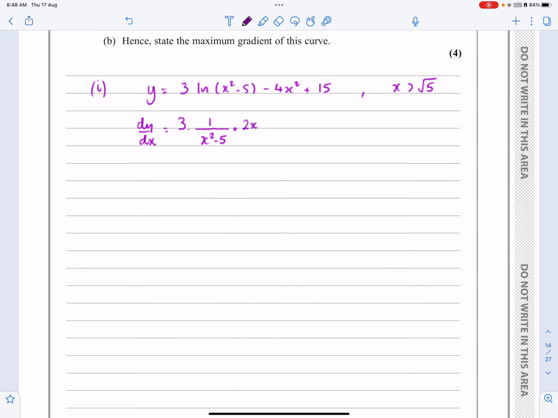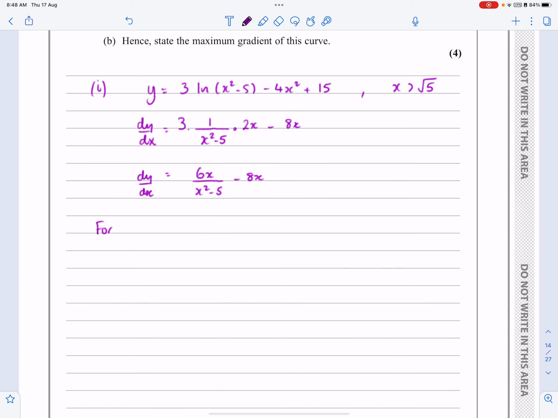So that's just a quick version of the chain rule. Minus 8x, and then the 15 just disappears off. Let's tidy that up. That's 6x over x squared minus 5 minus 8x. So that's our dy by dx.